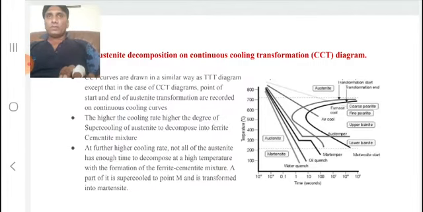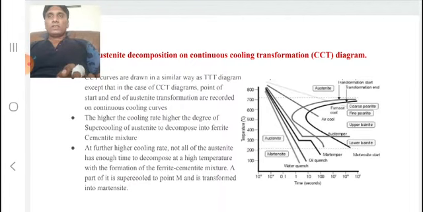Therefore, the continuous cooling curve has more retained austenite than the isothermal transformation. In isothermal transformation, we are waiting for the austenite to totally convert into the required microstructure. So that is the main difference between the CCT and the TTT diagrams.